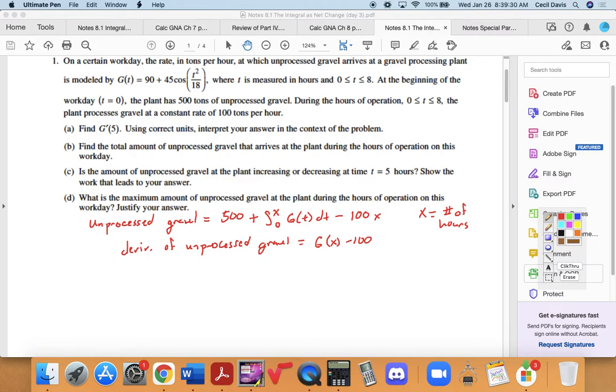Right? And I want to find where that's equal to 0. So I want to find where g of x is equal to 100.